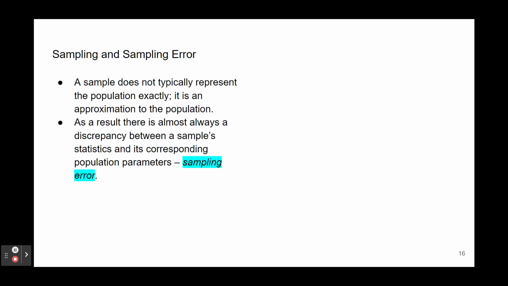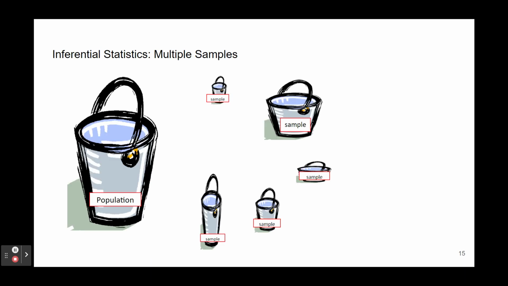Why will we have sampling errors? The reason is that the way we get our sample is random. If that process fluctuates, the characteristics of the sample will fluctuate. Let me give you an example. You randomly select, for example, five students from the sixth grade at your school and compute the average of those five students.